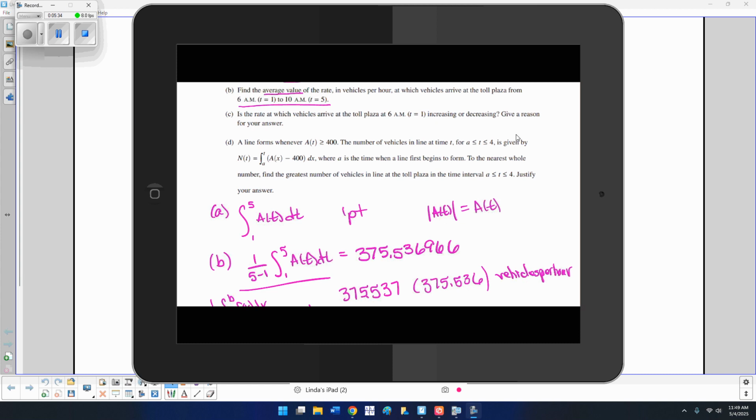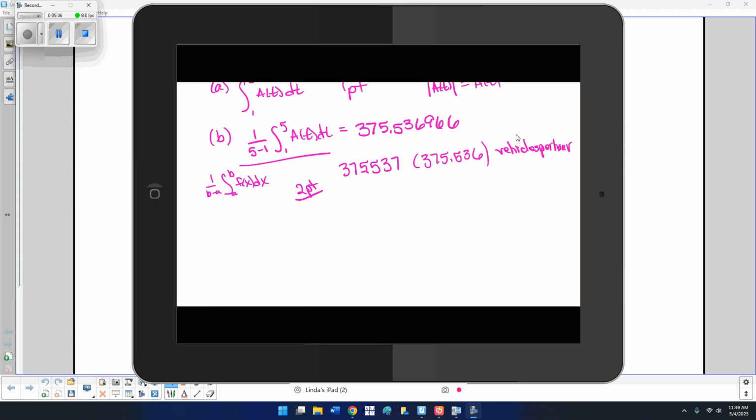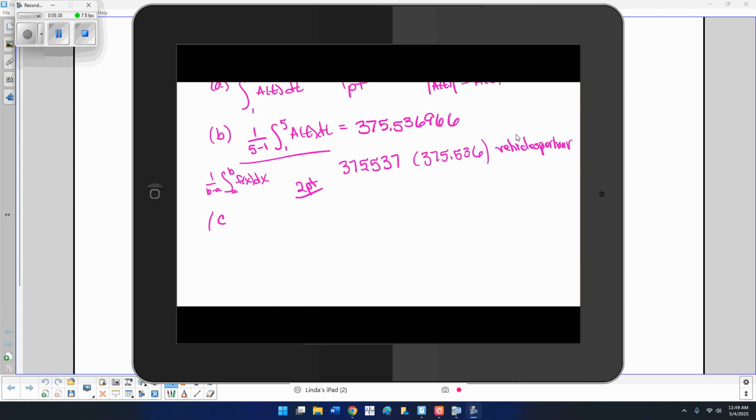Is the rate increasing or decreasing? And this is something I always struggle with. Am I supposed to find A of 1 or am I supposed to find A prime of 1? I said it in such a way that you should know: the rate increasing or decreasing, this is the one that I need right here.